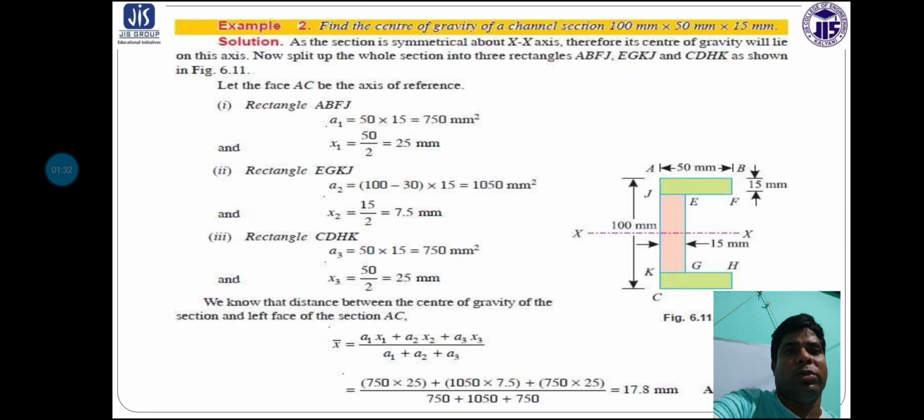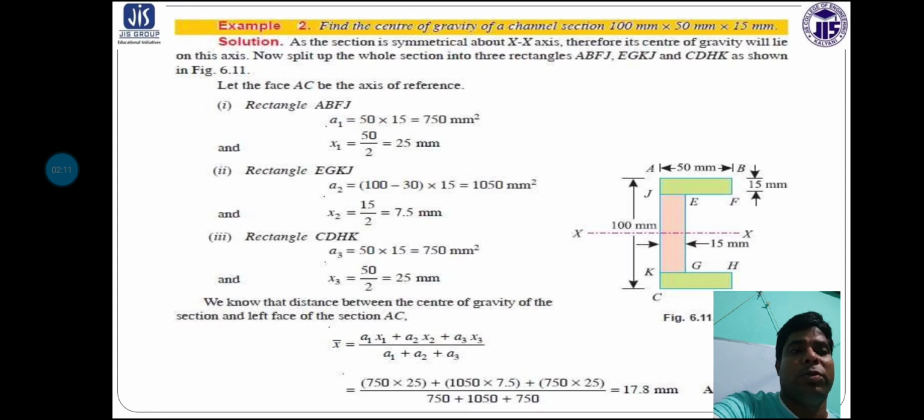follow the problem and then solve with the standard procedure that I maintain in this slide. Find the center of gravity of a channel section with 100 millimeter, 50 millimeter and 15 millimeter. First of all, in this chapter we have to determine whether the figure given in the problem is symmetrical or not.